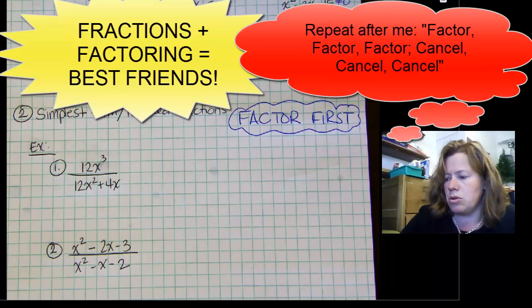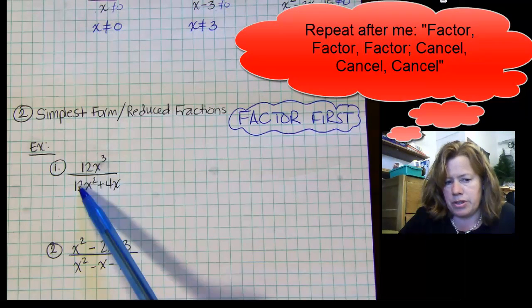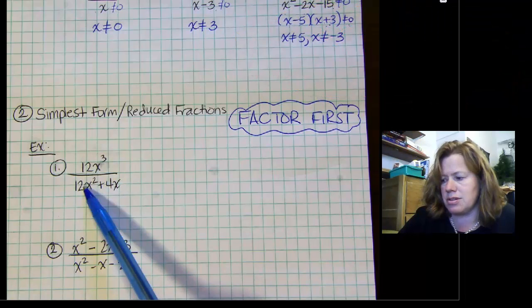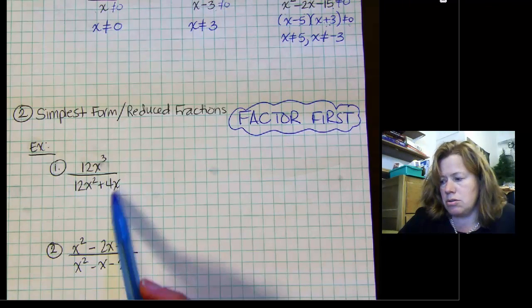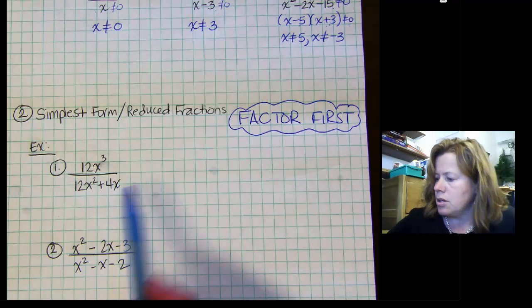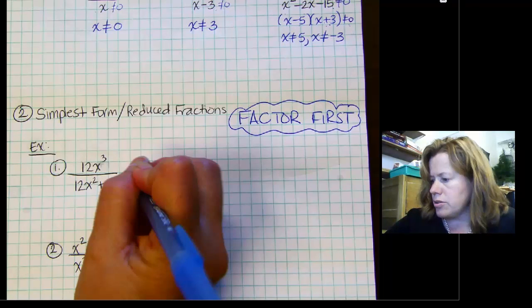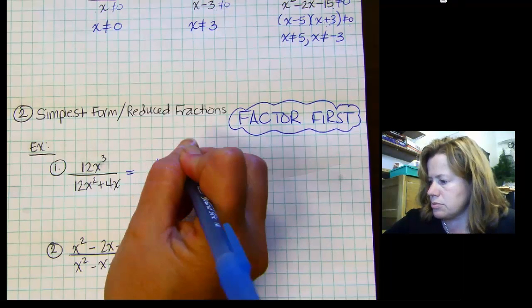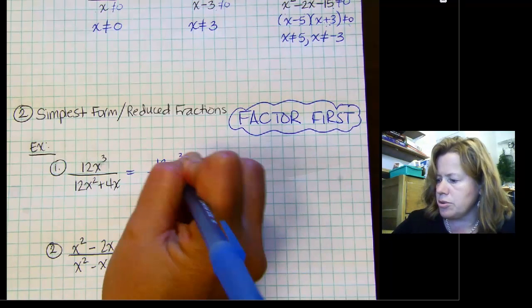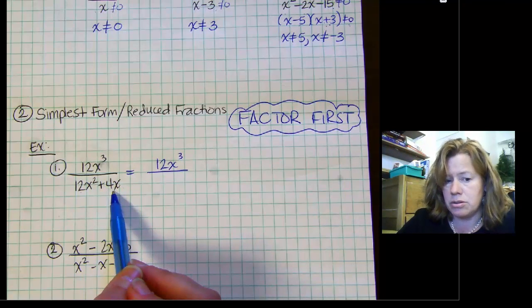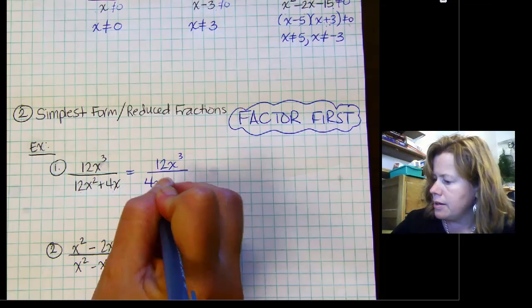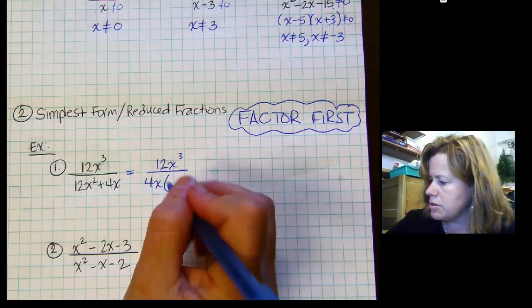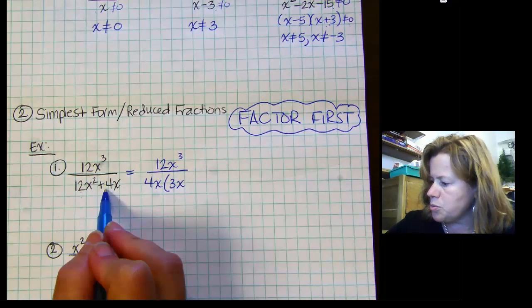For example, in number 1, I can't cross these 12s out, because this 12x squared is attached to 4x by a plus sign. So instead what I need to do is factor. Well, 12x cubed doesn't really factor, so that's going to stay put. 12x squared plus 4x has a common factor of 4x. So I'm going to take that out, and I'm left with 3x plus 1.